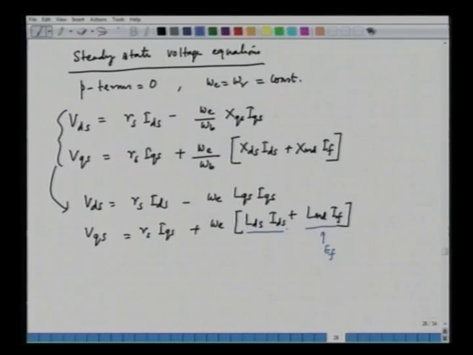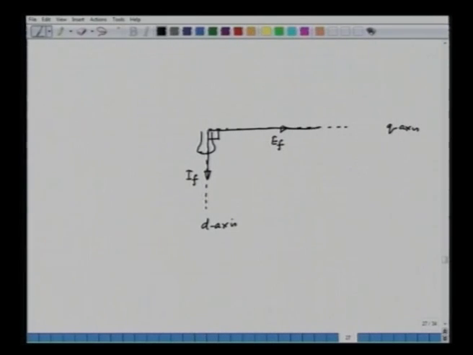So, this LDS into IDS will be this reactance, XDS into IDS, and then we add here the drop in the d axis.